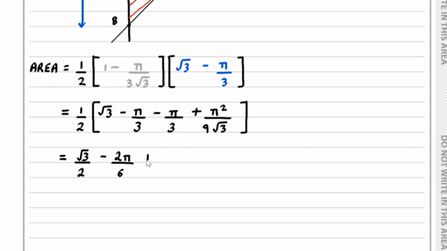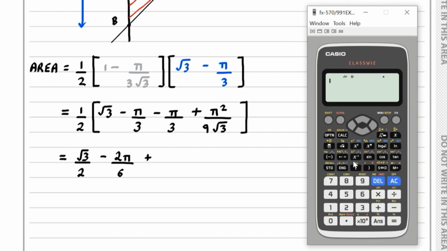And then we will add on, well, if I rationalize, I've got 1 over 9 root 3. And then if I times this by 1/2, I add on root 3 pi squared over 54.